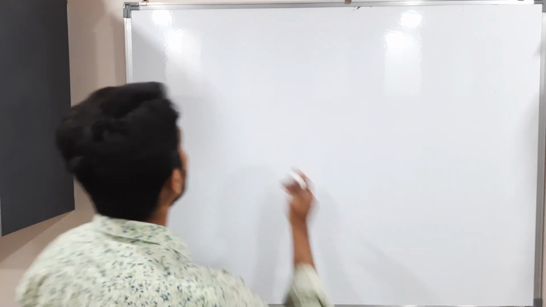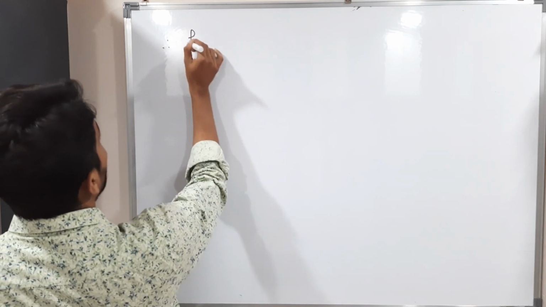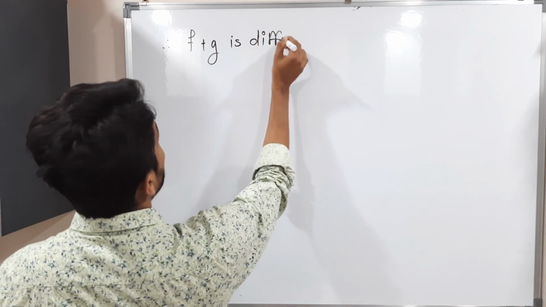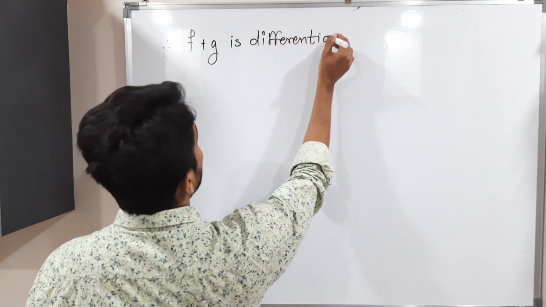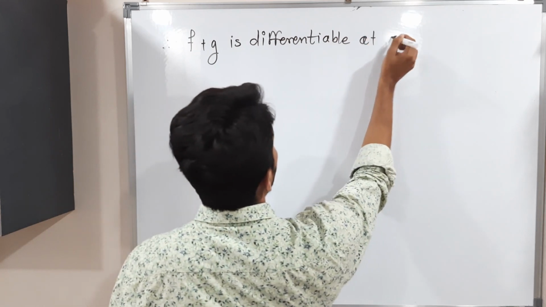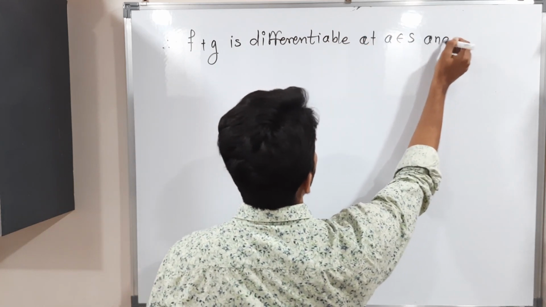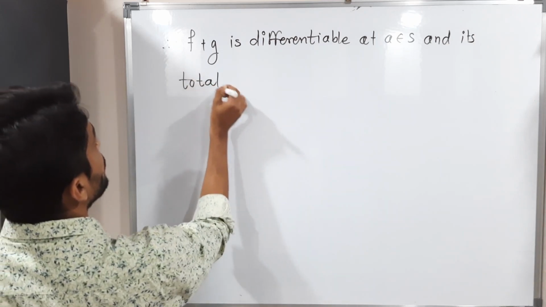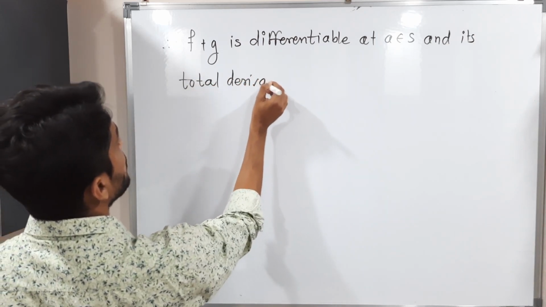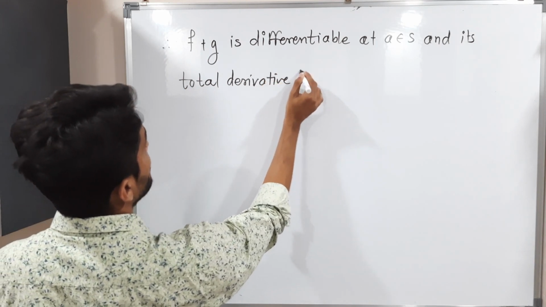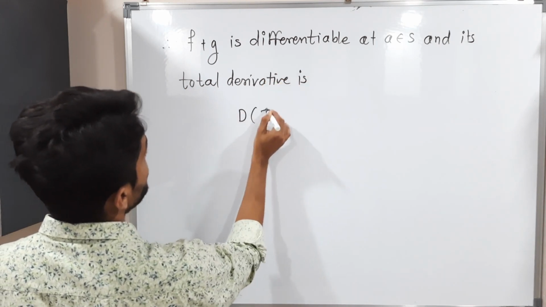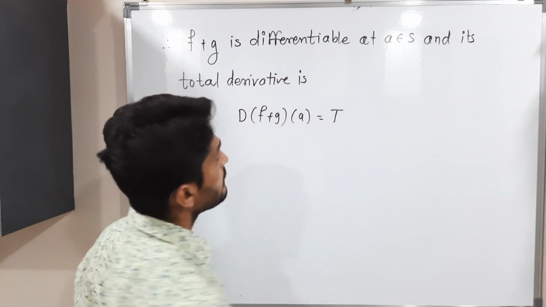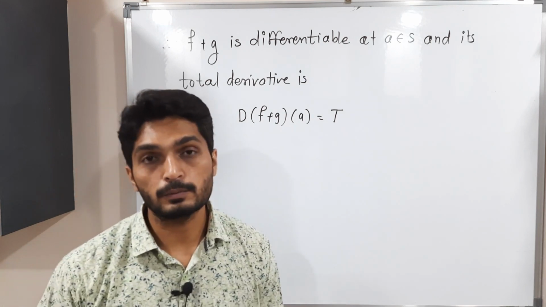Let us write it. Therefore, f plus g is differentiable at a belonging to S and its total derivative, which we denote as d of f plus g of a, is nothing but t, the linear transformation which we defined.